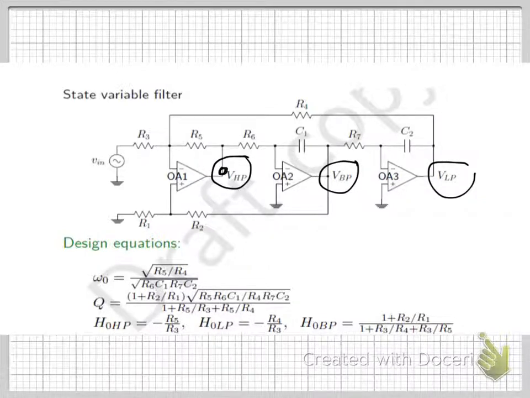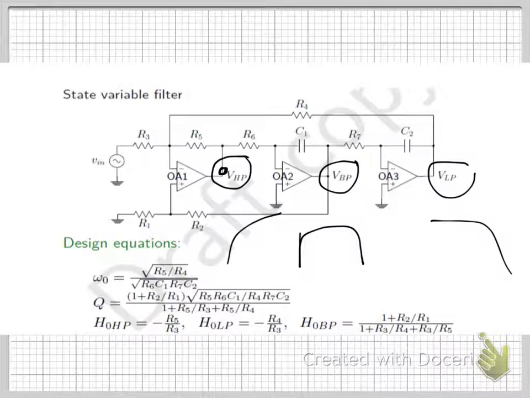So if you sample there, you're going to see a high pass. Oh no, that's a low pass actually. You're going to see a high pass. If you sample here, you're going to see your band pass. And if you sample here, you're going to see a low pass. Now that is absolutely incredible, and big ups to whoever designed this.